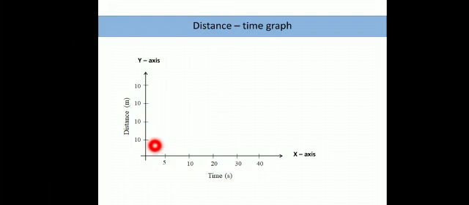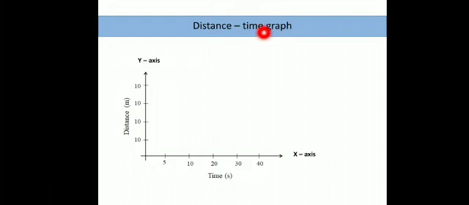The distance-time graph is basically a graph in which distance is plotted on the y-axis. How much distance the vehicle has traveled is plotted on the y-axis, and how much time it took is plotted on the x-axis. That is why it is known as a distance-time graph: a graph which gives information on the distance traveled by an object in a given time.